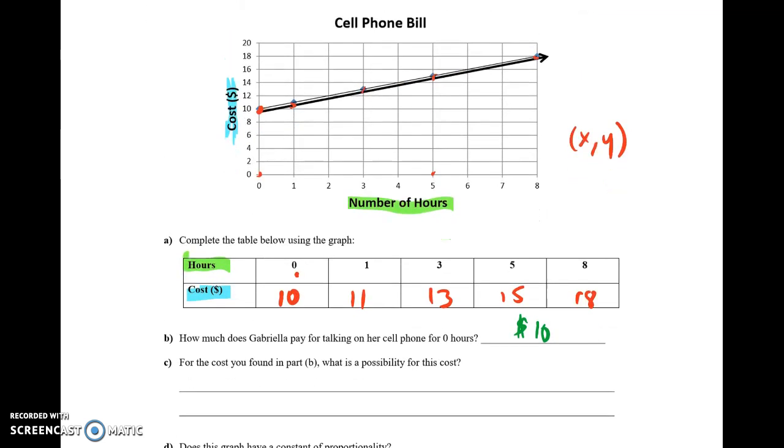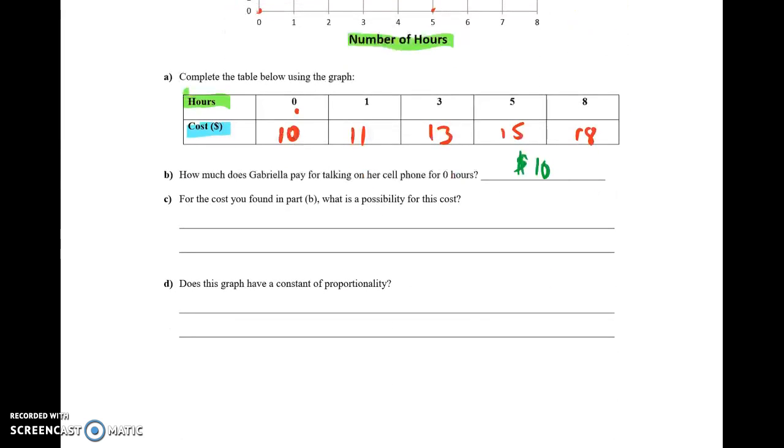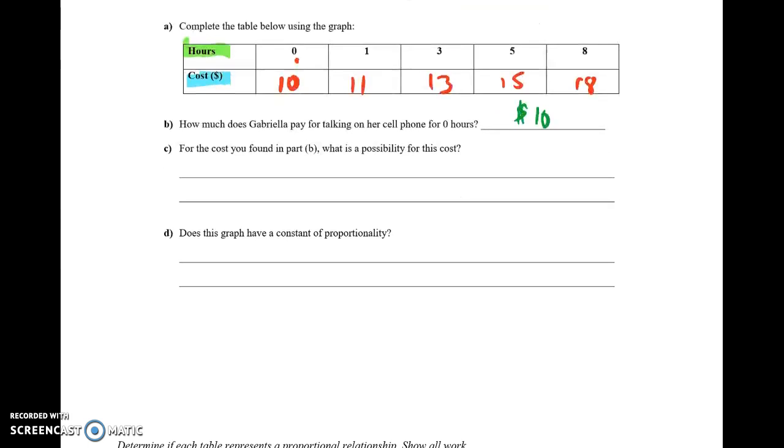And if we were to actually test it, by looking at our points, we have (0, 10), which is right here. If we create another row for k, which is y over x, these all need to be the same in order for there to be a constant of proportionality.